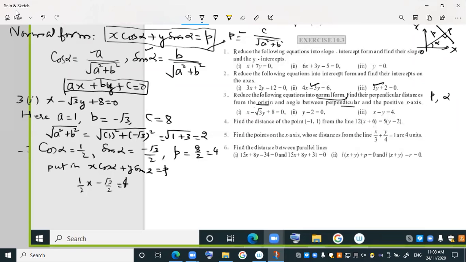So alpha will be equal to 60 degrees because cos of 1 by 2 is 60 degrees, therefore alpha will be equal to 60 degrees here.